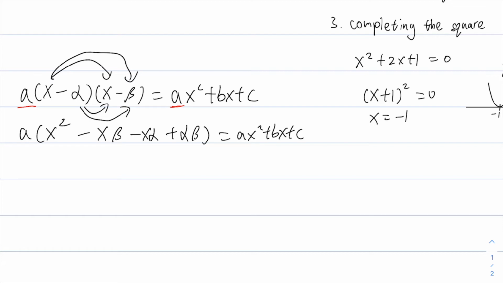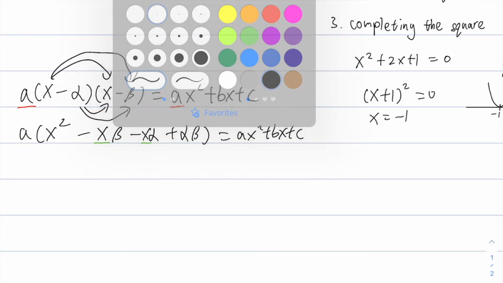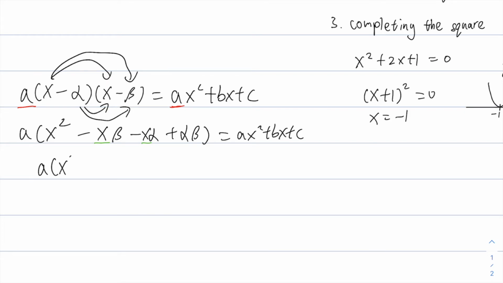There's an x and x, so there will be like terms here. So that will be a times x squared minus x beta plus alpha times beta, and that's equal to ax squared plus bx plus c again.